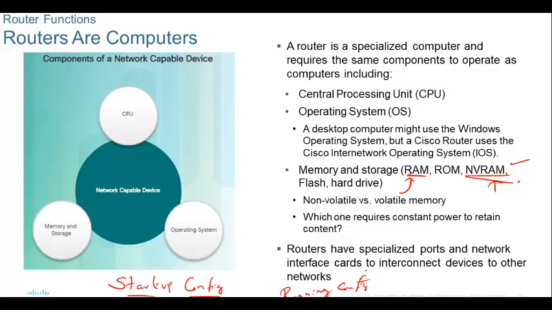Startup config is the configuration that can be retrieved, and that can also be deleted by us. We can force it and delete it. Whereas this running configuration remains available as long as the power is on the router. When the power goes off, all the running configuration gets erased.